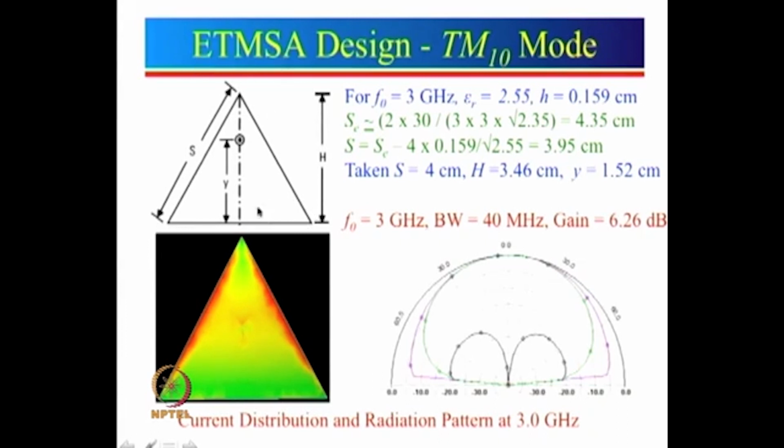Similarly, ET-MSA and half of ET-MSA or 30, 60, 90, as far as the resonance frequency is concerned, it is almost similar, but the gain bandwidth would be less.